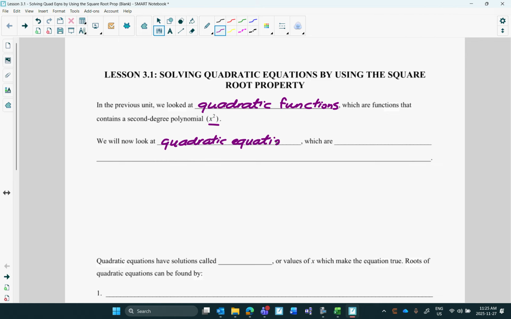What's a quadratic equation? It is a second degree. Degree refers to the highest exponent you see in the equation. Okay, so second degree, which means contains an x squared term.